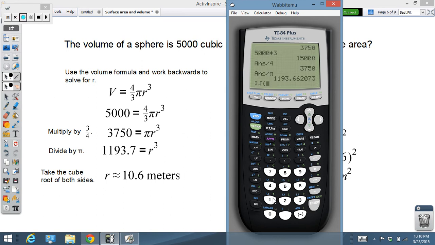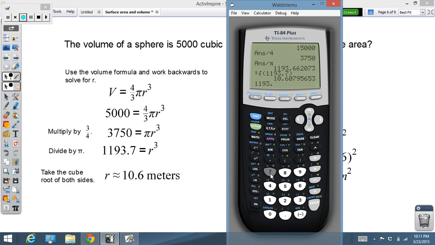I select that, and I put in 1193.7. So hit math, choose the cube root, enter your value, and push enter, and you get our 10.6.